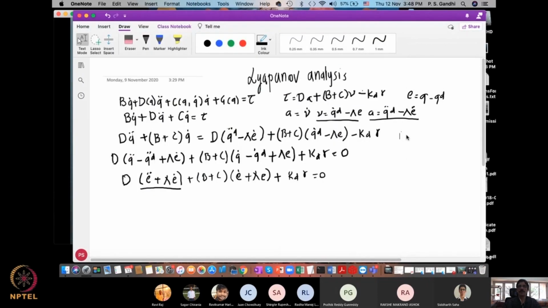So I can write again: r is equal to e dot plus lambda e. So this becomes d times r dot plus b plus c times r plus kd times r is equal to 0.